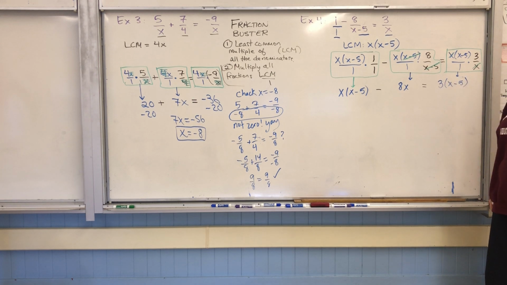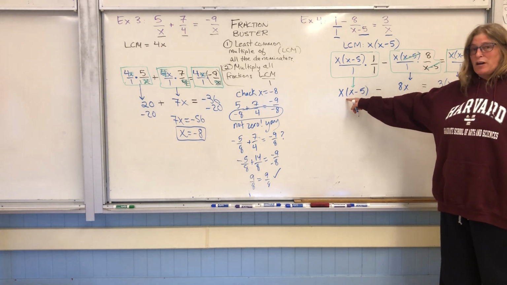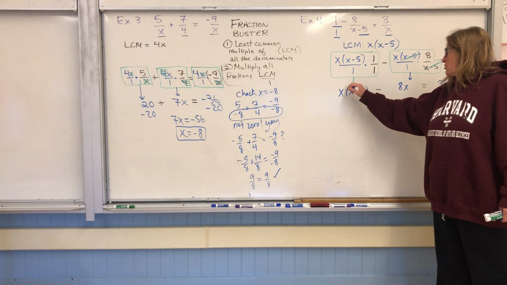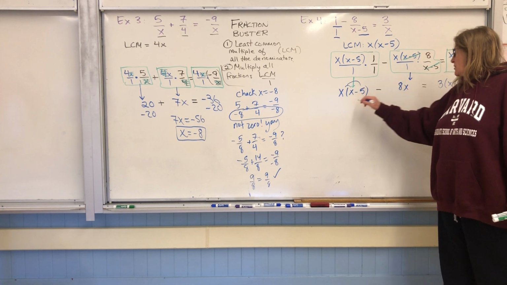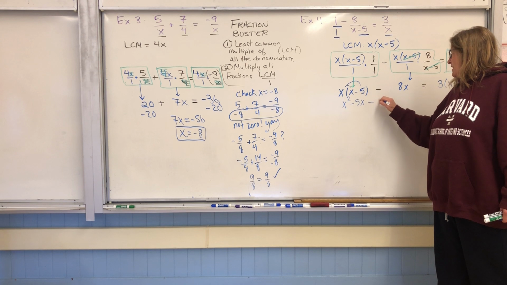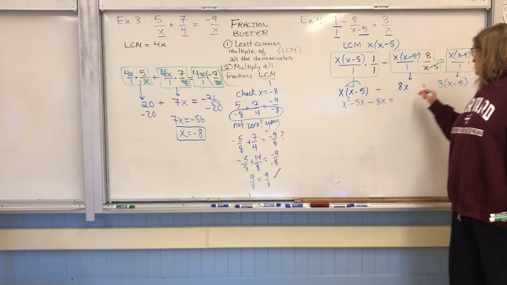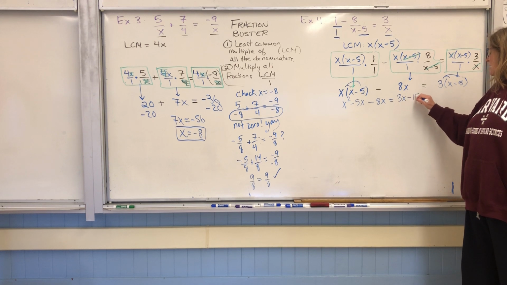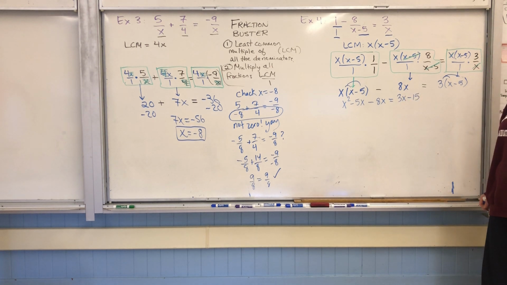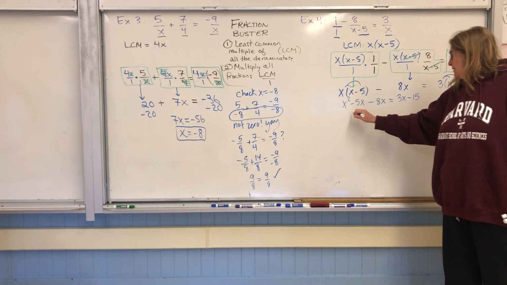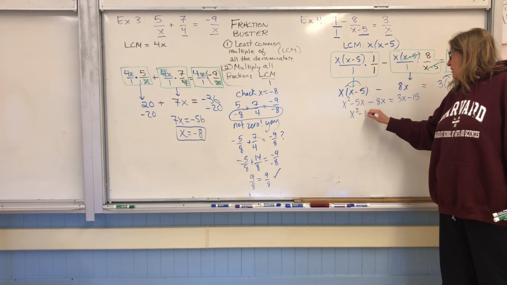Okay, and this one's a little different because look, we've got ourselves a quadratic, guys. So let's distribute. So I have x squared minus 5x minus 8x equals, and I'm going to distribute here, 3x minus 15. Okay, guys, remember with the quadratic, we're getting everything on one side, and then we're going to do a diamond.